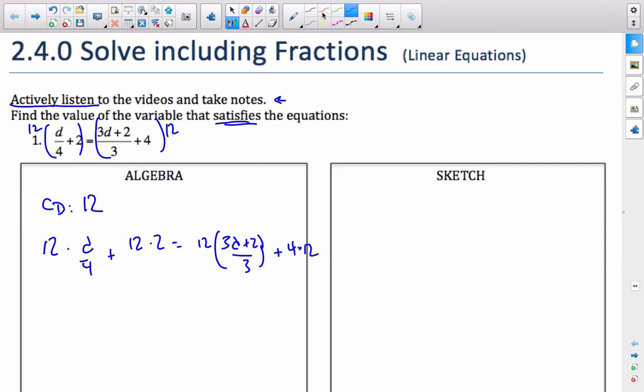Okay, and now here's where the power of this strategy works. I can cancel out all my fractions here. Why can I cancel that out? Well, I know when I talk to a lot of students, everyone kind of forgets that fractions are actually division. So when I've got d over 4 as a fraction, that's d divided by 4. So when I then multiply by 12, we have opposite operations.